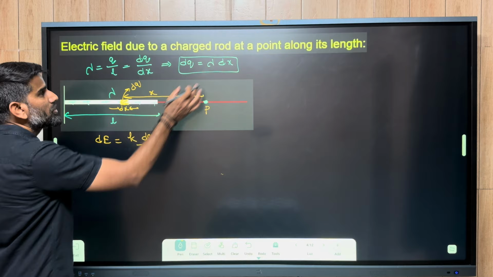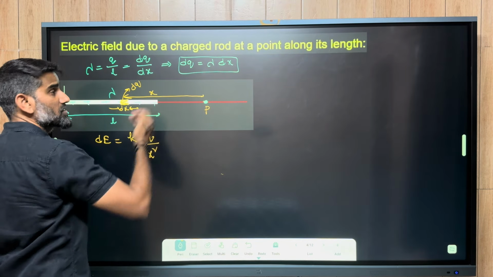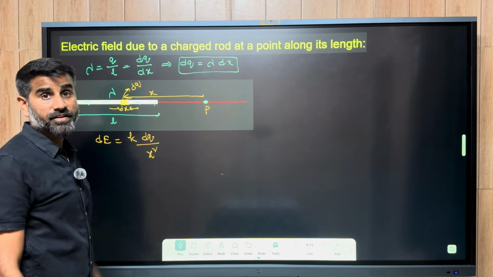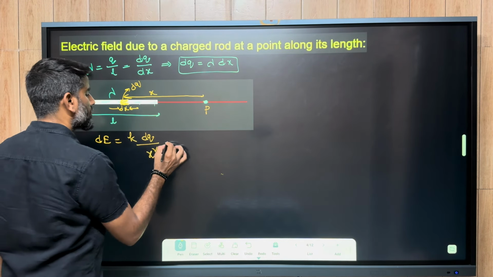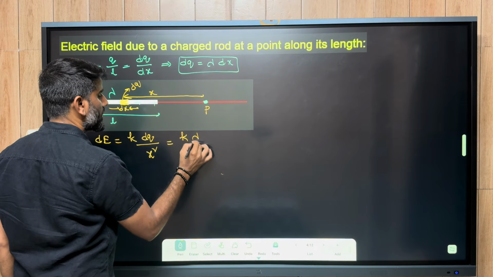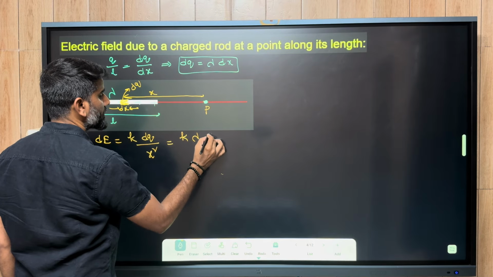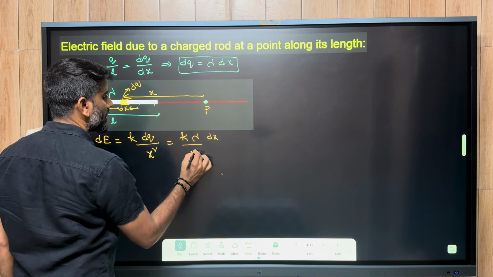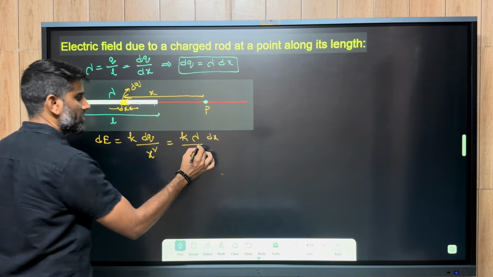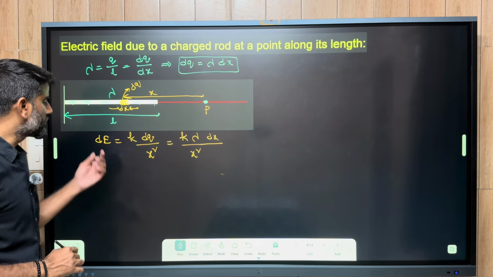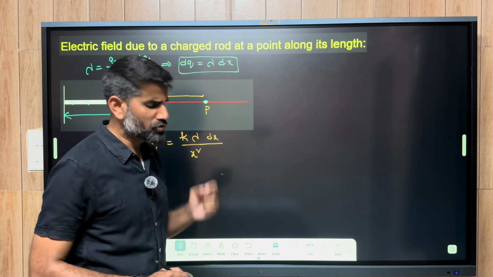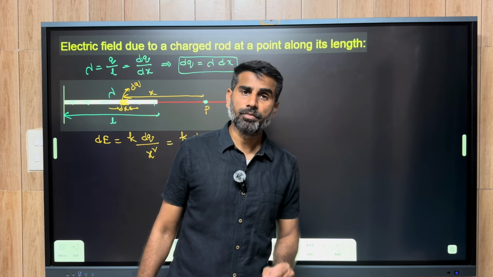Now this dq can be written as lambda dx, because charge is not given, whereas linear charge density is given. So I'm going to rewrite this equation as k lambda dx by x square. This is the expression for the electric field due to the small element.